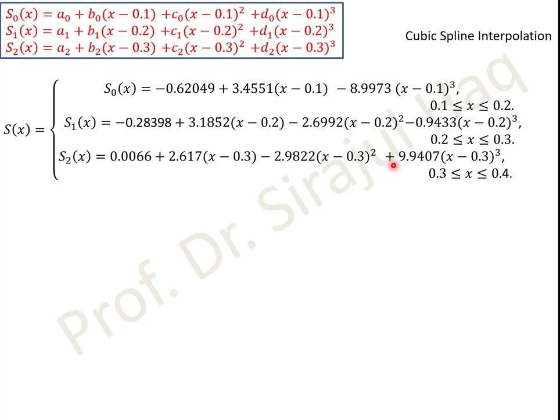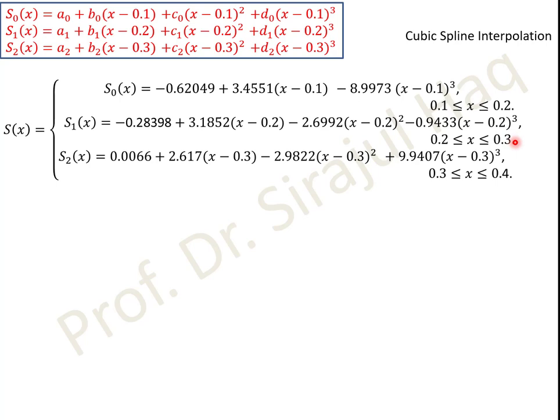So what we did, we replaced the data which we already had by smooth and continuous curves. Remember, S0 and S1 coincide at 0.2. And similarly, S1 and S2 coincide at 0.3. So this gives us a smooth and continuous curve.